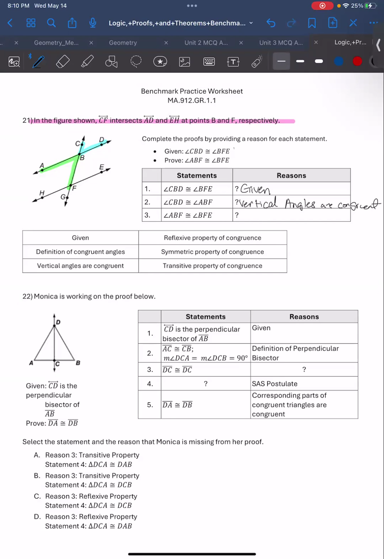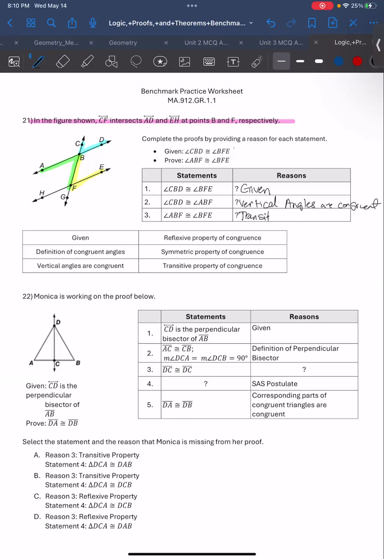All right, and the last one is ABF is congruent to BFE. Is it the transitive property? Yes, it is the transitive property.